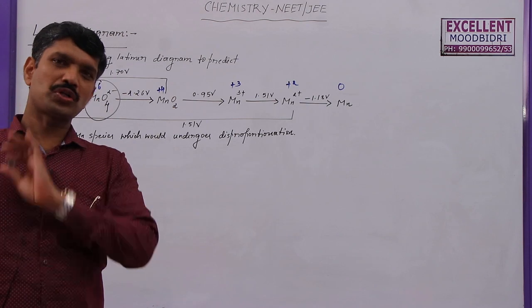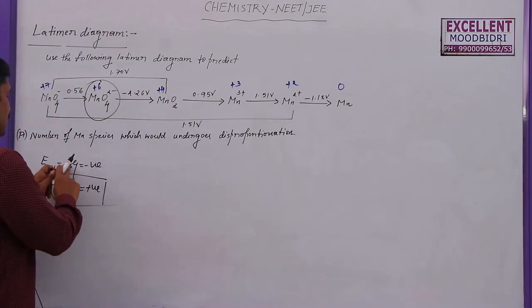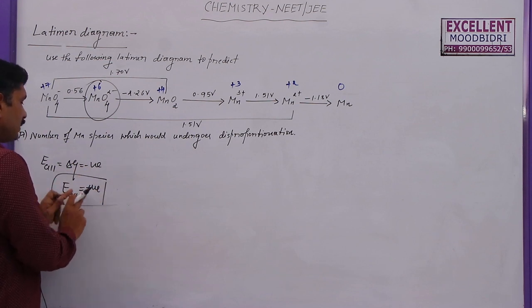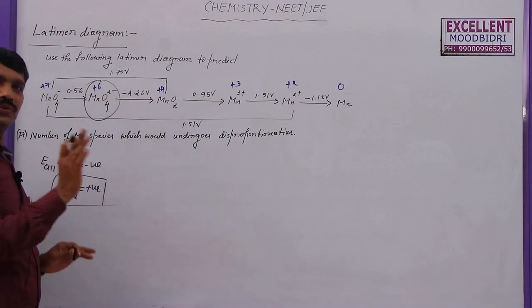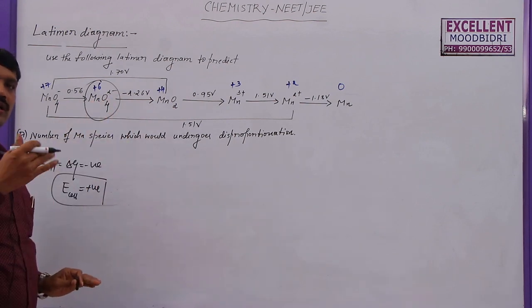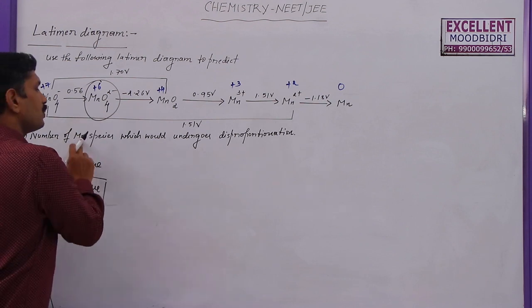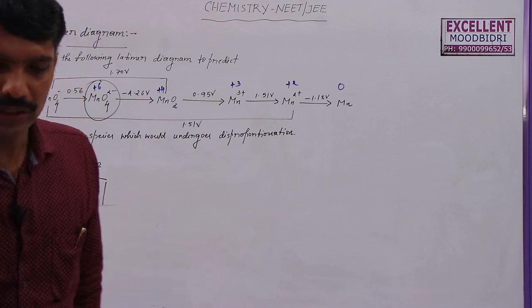This is the condition according to thermodynamics. So if E shell is positive, no doubt this species undergoes both reduction and oxidation. That manganese species is then considered to undergo disproportionation.